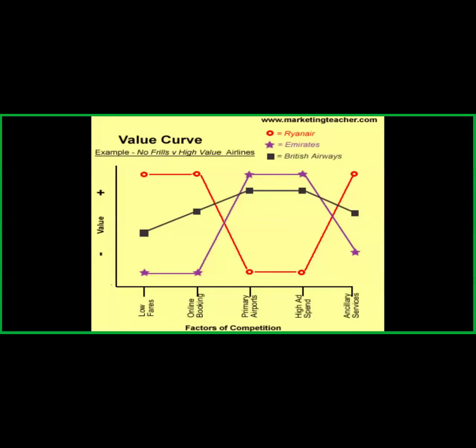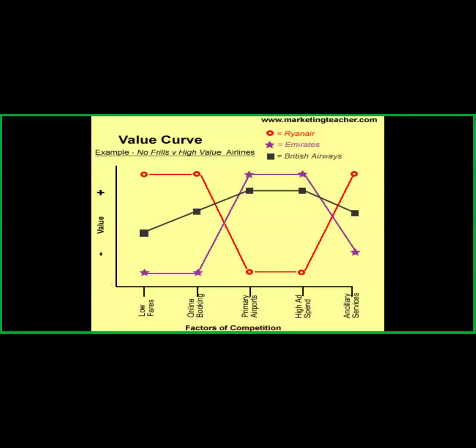These are the three companies, and the parameters under which they are to be analyzed. On the lower side, you can see low fares, online booking, primary airports, high ad spend, and ancillary services. Ancillary services means support services or other related services.